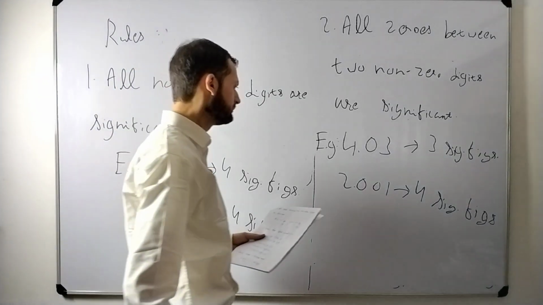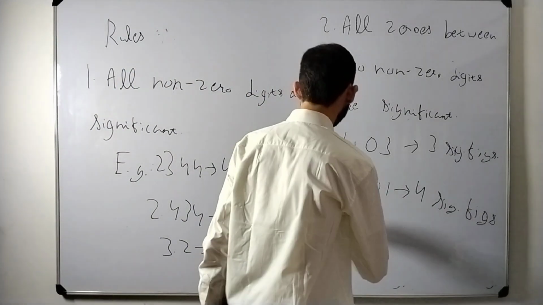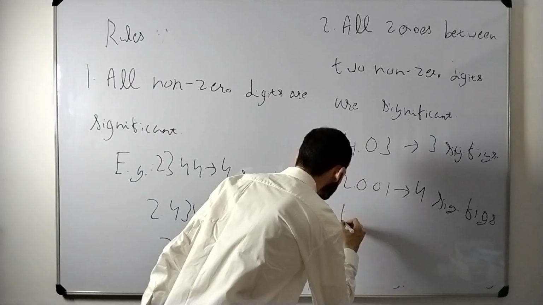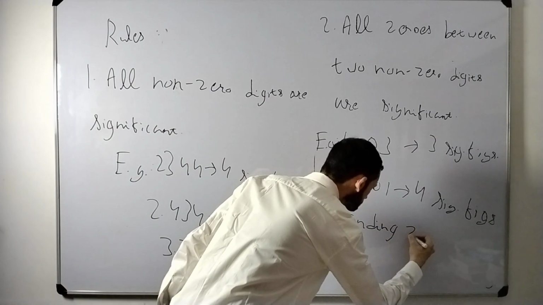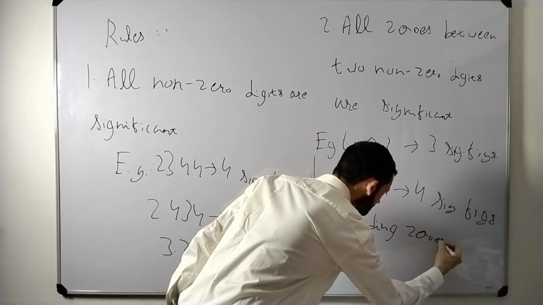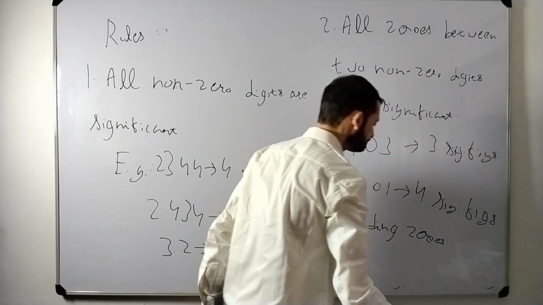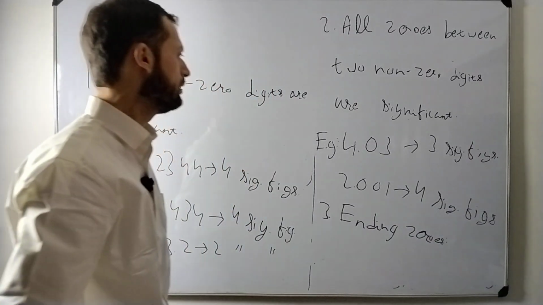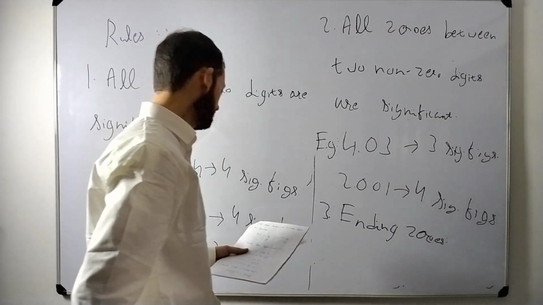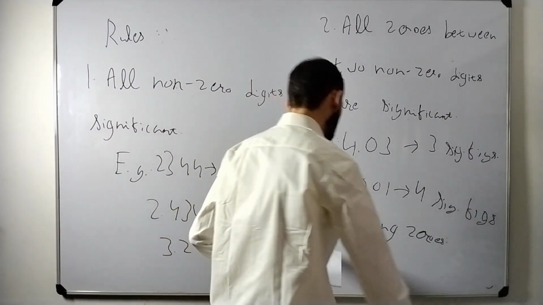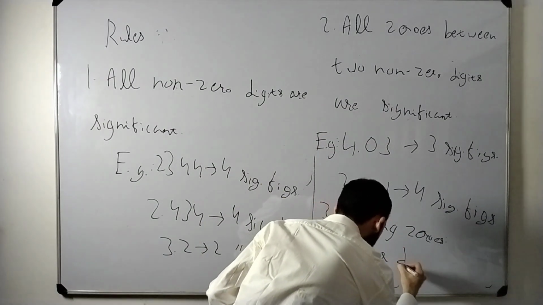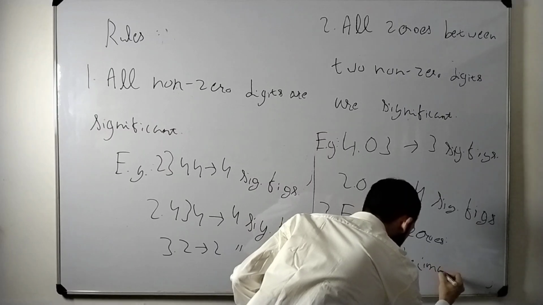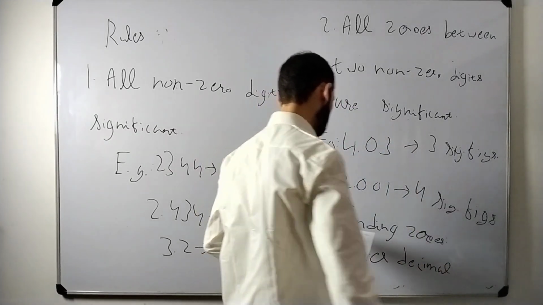Ending zeros. Third rule, ending zeros: ending zeros after decimal plus end.